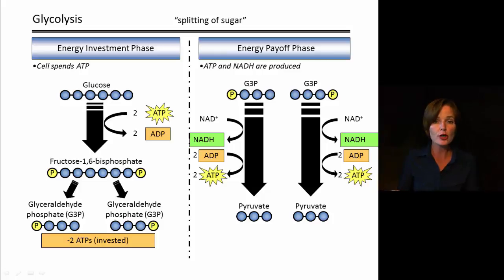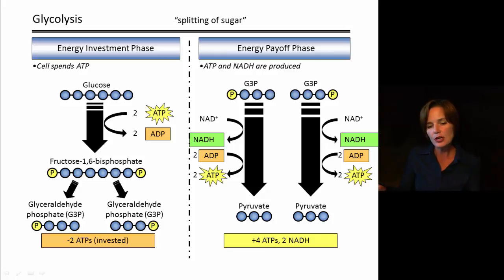We have 2 3-carbon sugars, which are called pyruvate. There's still a lot of energy left in those pyruvate molecules, and that's what we will continue to break down if we are talking about cellular respiration or if we're talking about fermentation. If we were to tally up our payoff on the energy payoff phase side, we have made 4 ATPs, and we also have those 2 electron carriers, NADH, that are holding on to the valuable electrons.